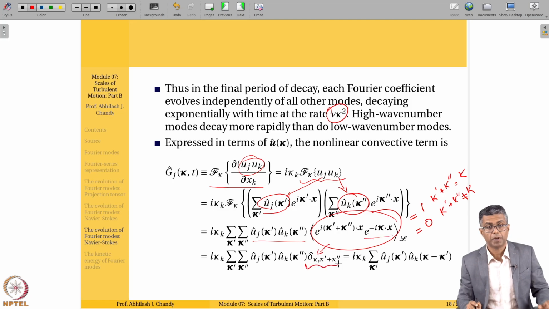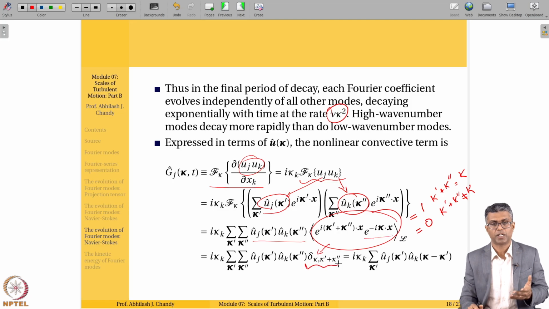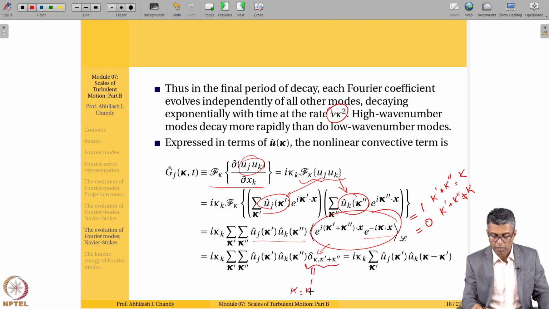I just wrote it as 1 and 0 because that's the value of the Kronecker delta. Now, the Kronecker delta would be equal to 1 if kappa is equal to kappa prime plus kappa double prime, and it is equal to 0 otherwise.